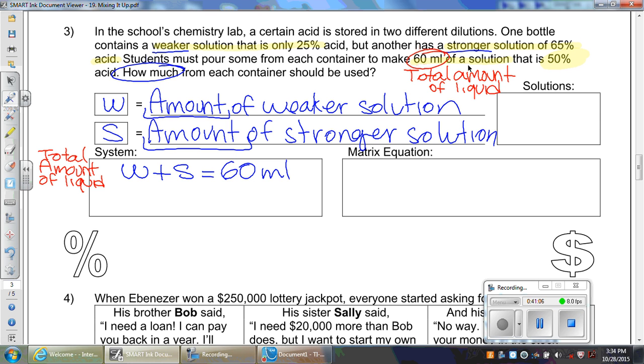The second equation is going to talk about the concentration, how much acid is in that solution. And we know one thing, the concentration, they want it to be 50% acid. So if the total amount of the liquid is 60 milliliters and 50% will be acid, what will be the total amount of acid?